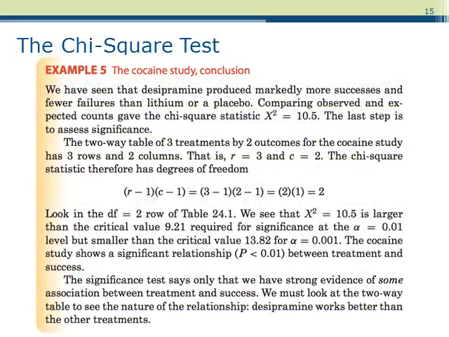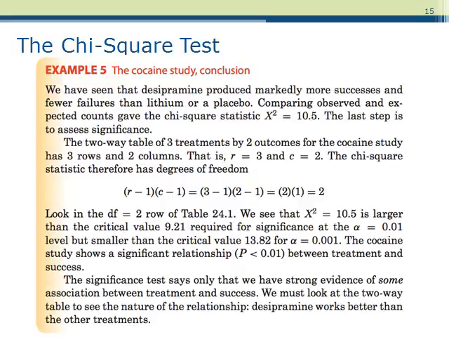So let's form a conclusion with the results of the cocaine study. Recall our chi-squared statistic is equal to 10.5. We need to use table 24.1 to assess whether this result is statistically significant. The two-way table had 3 treatments and 2 outcomes, so our statistic has 2 degrees of freedom.